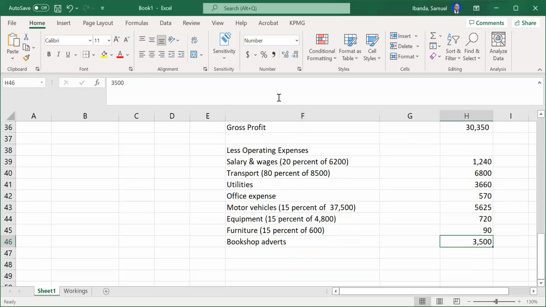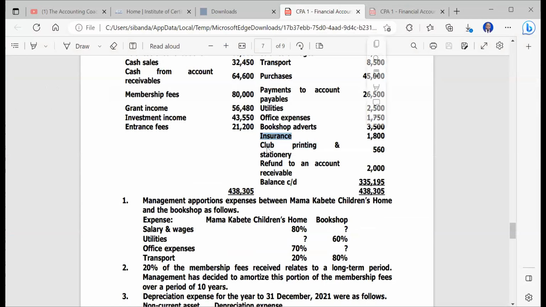Sorry, friends, my PC logged me out, but we're saying book adverts, that one we just record it directly because it relates specifically to the bookshop. Insurance, we left it out. Club printing and stationery, it doesn't relate to the bookshop.